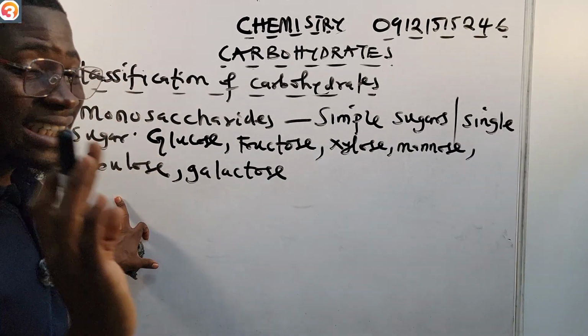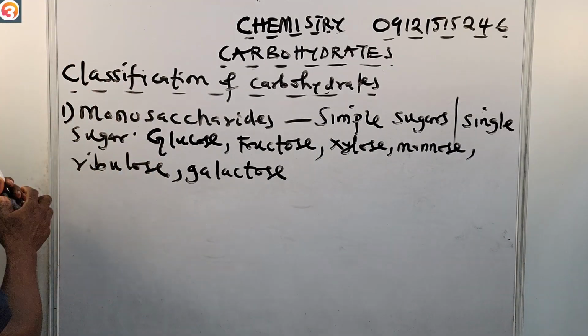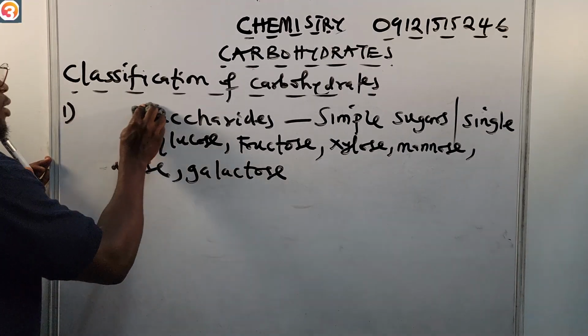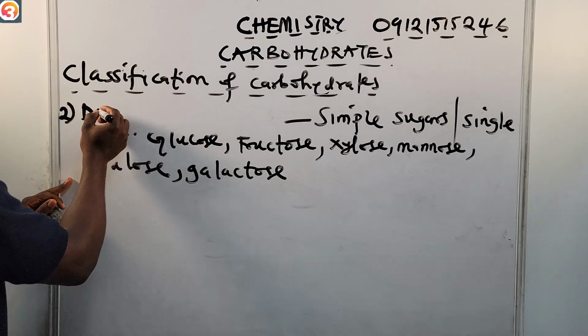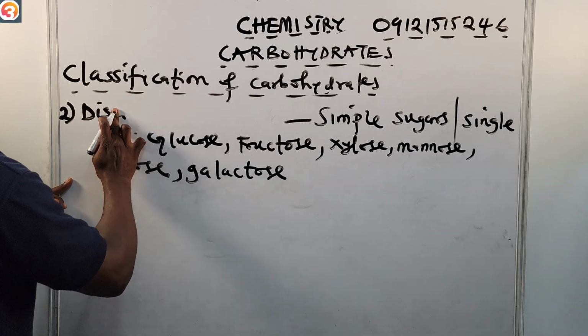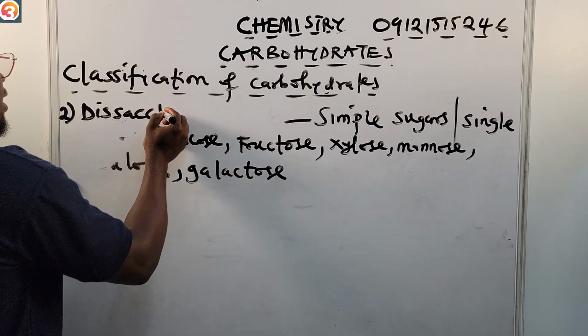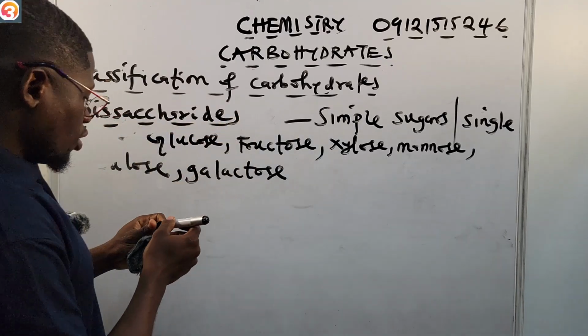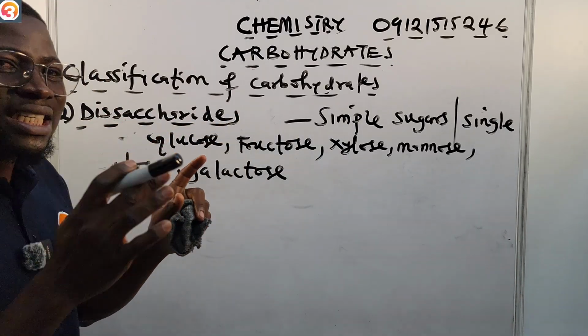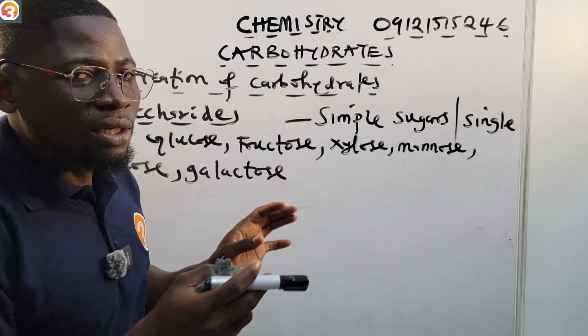Now, we also have another class of carbohydrates that we know as disaccharides. This is the second class, the disaccharides. These disaccharides are gotten from the combination of 2 simple sugars or 2 single sugars.